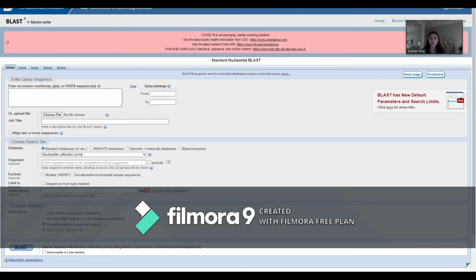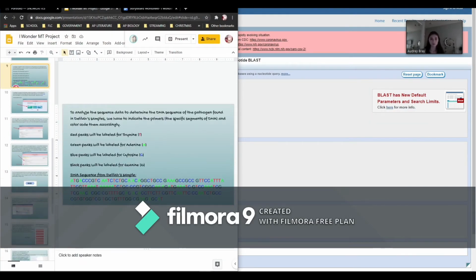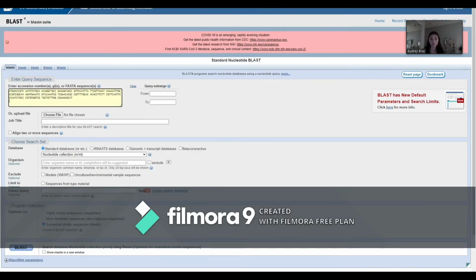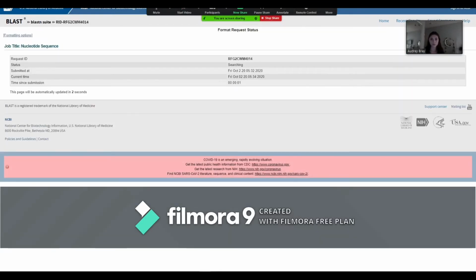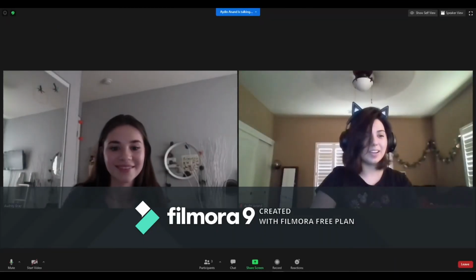I have Delilah's gene sequence copied, so we're just going to paste it into the accession numbers box. We're going to leave everything the same, and the standard database is going to be the same. We're going to choose somewhat similar sequences, which is the blastn site, and then hit BLAST, because we're just inputting her DNA sequence here. It's going to refresh for a couple of seconds, and then she's going to explain what happens next.